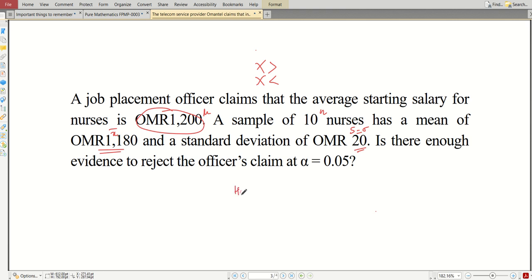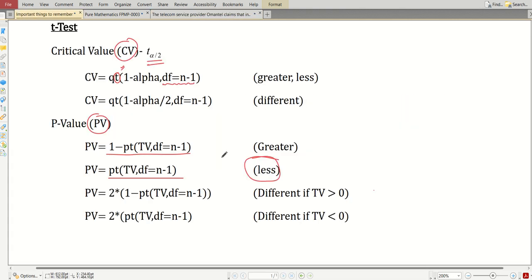What type is it? So if you will see, this question is related to different. Mu is different than 1200, and mu is equal to 1200. Clear? So here, because different, it is a two-tailed test. Please remember, here the test is two-tailed. And if the test is two-tailed, what formula will we use?